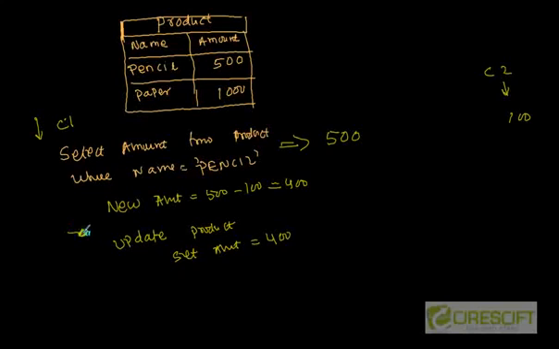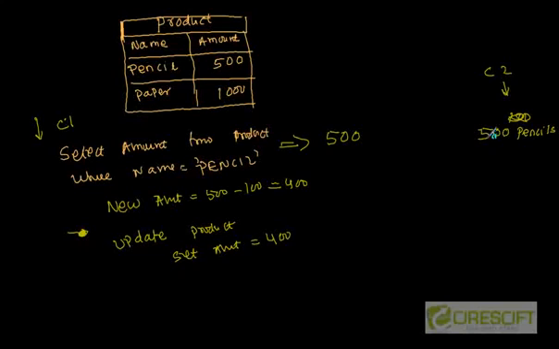Before this happens, if customer C2 comes and asks for 500 pencils, the second agent looks at the database and sees we have 500 pencils, because he does not know that something else is going on.